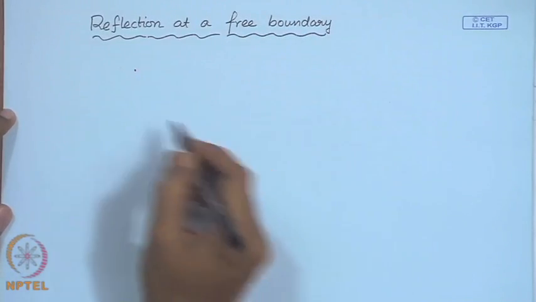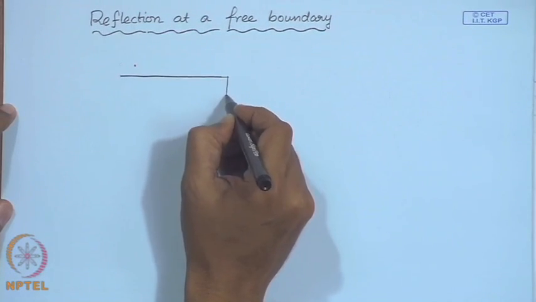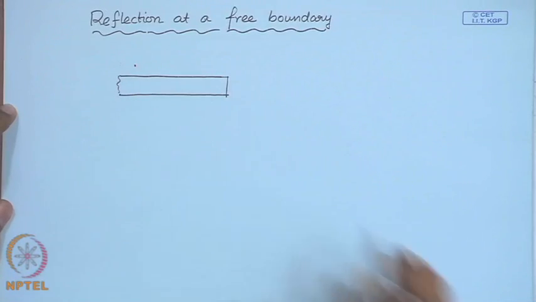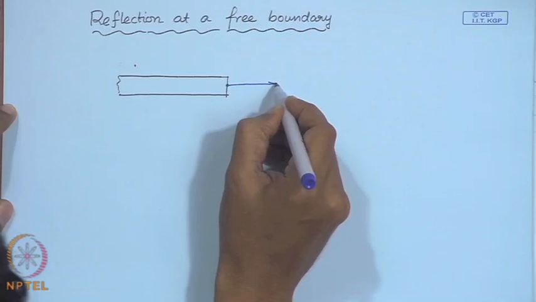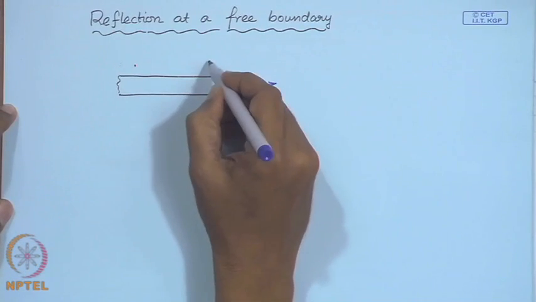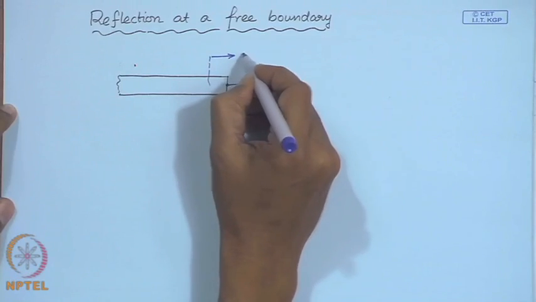For this we will consider a uniform bar, at any point x of the bar.